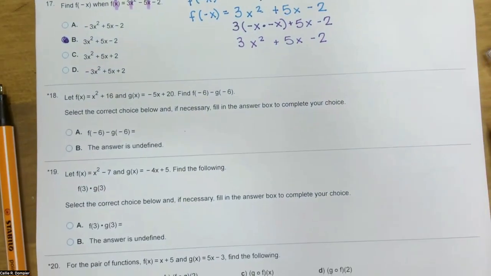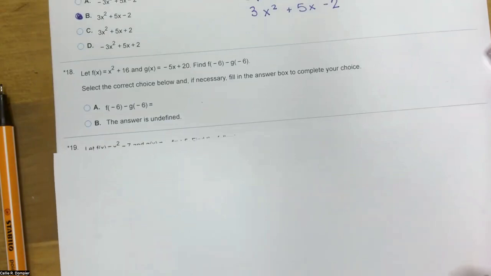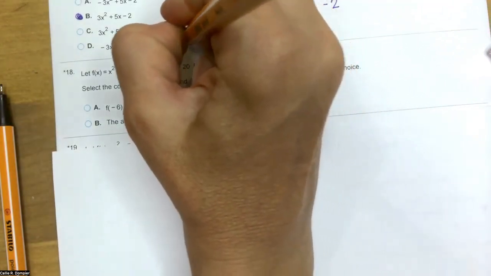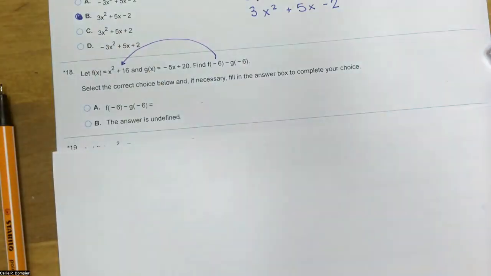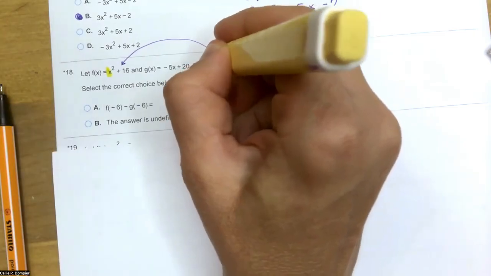Okay. For 18, we have let f of x equals x squared plus 16 and g of x equals negative 5x plus 20. Find f of negative 6 minus g of negative 6. First thing we're going to do is substitute the negative 6 in for the x. So in this case, this x becomes negative 6.